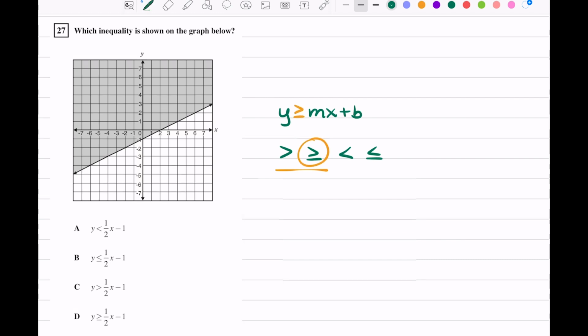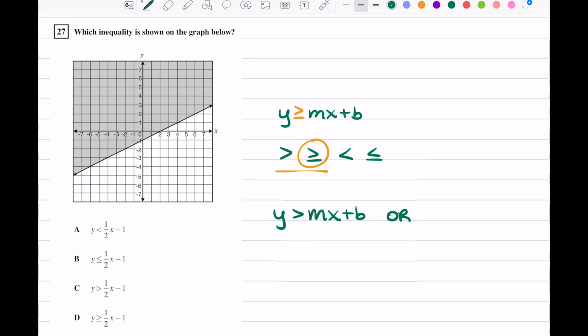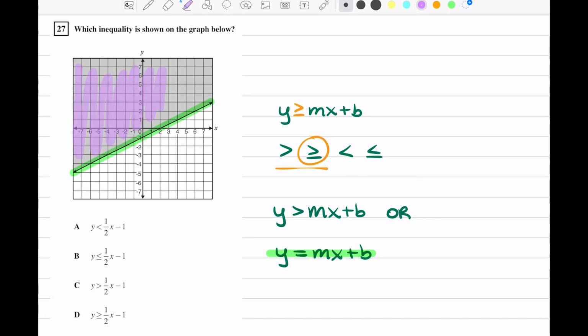So when we have y is greater than or equal to mx plus b, we can actually split that up into 2 pieces. So we're saying that y is greater than mx plus b, or y is equal to mx plus b. So y equals mx plus b is all the points on the line, and y is greater than mx plus b is all the points above the line.